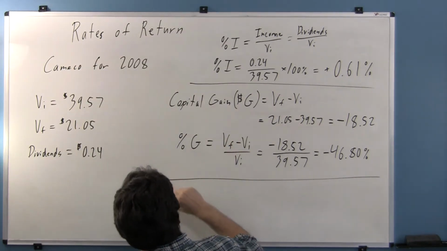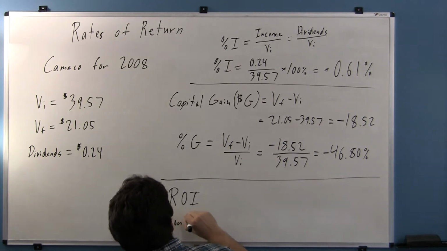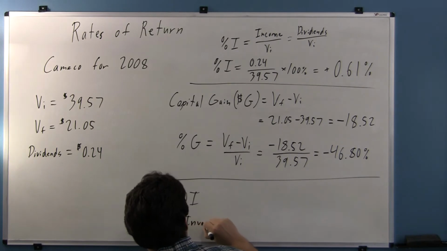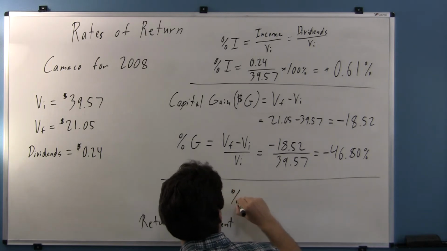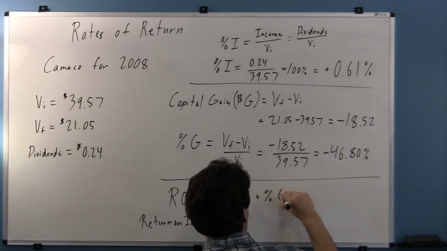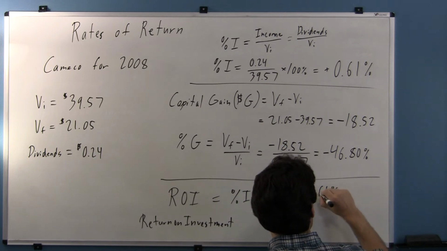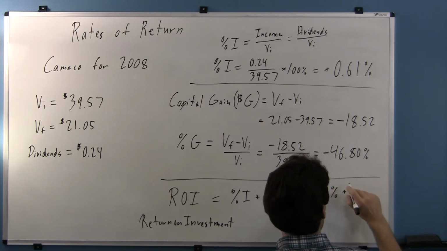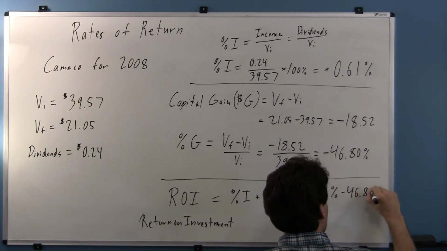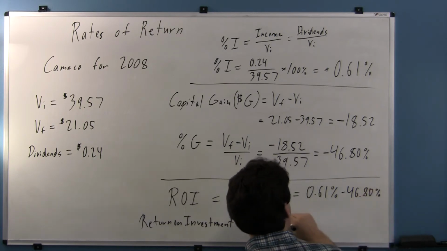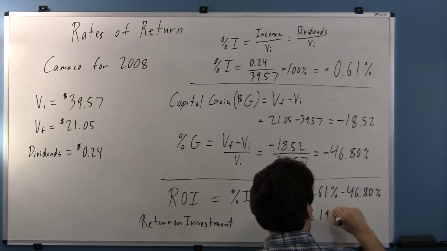So the ROI, the return on investment, since I didn't have room to write it on the board in the last video, is just going to be equal to percent I plus percent G. So that's going to be 0.61% plus, or sorry, in this case minus, because it's a negative, so minus 46.80%. And so you'll get minus 46.19%.